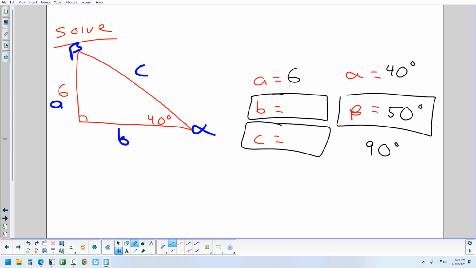Now we can find B or C. We need to pick an angle to use as our reference. It's our perspective. Should we use the 40 or the 50? The 40. How come? Because it was given. So let's stick with the 40 because it was given. We're also going to use the 6 because that was given. And now we can pick B or C. Let's just do B.